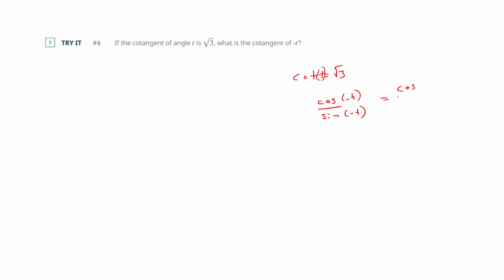So that's cosine. Sine becomes negative sine because it's odd. So in other words, we have the negative of what we started with. In other words, cotangent's an odd function. So if you started with the square root of 3, what's the cotangent of negative t? It's going to be negative square root of 3.